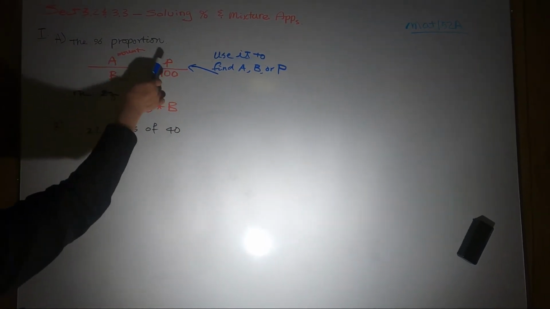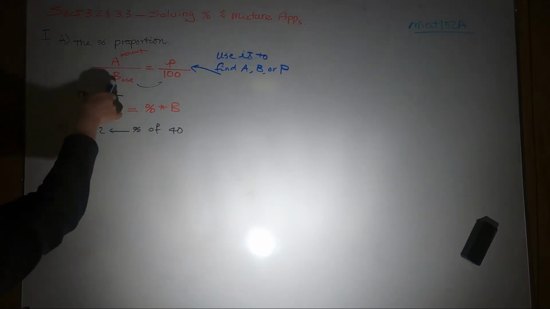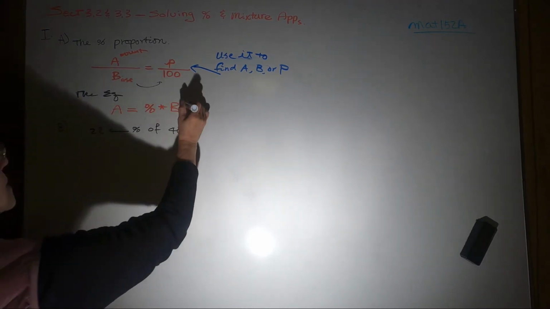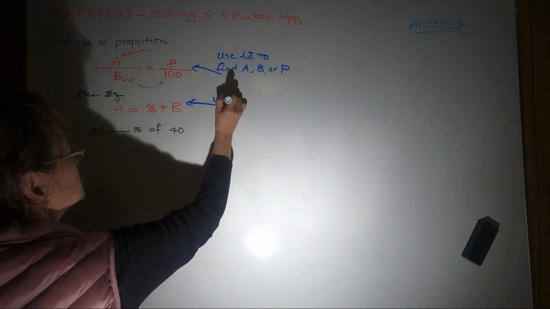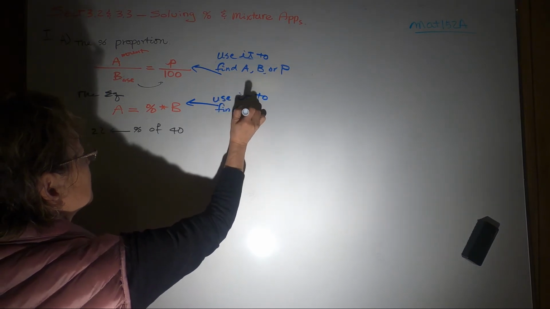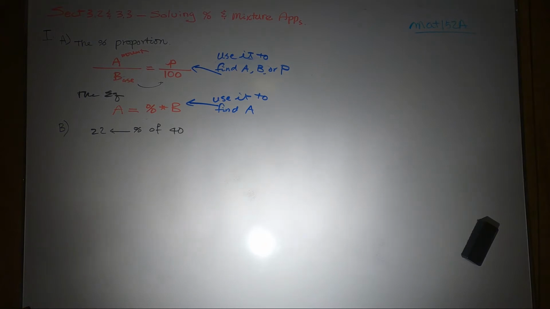Because you have three things, you have to find one of them. You will be given two of them, then find the remaining one, okay? Then this one is used to find A only, because B is easier, just multiplying. That's how we use them, okay?